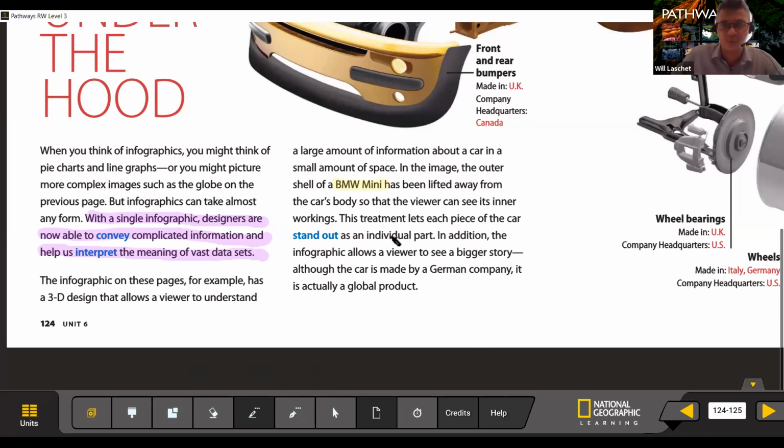It is a global product. So we can see here, the infographic allows a viewer to see the bigger story. Although the car is made by a German company, it is actually a global product. And we can use this to help our students understand the concept of globalization and how companies these days outsource work to different companies around the world.